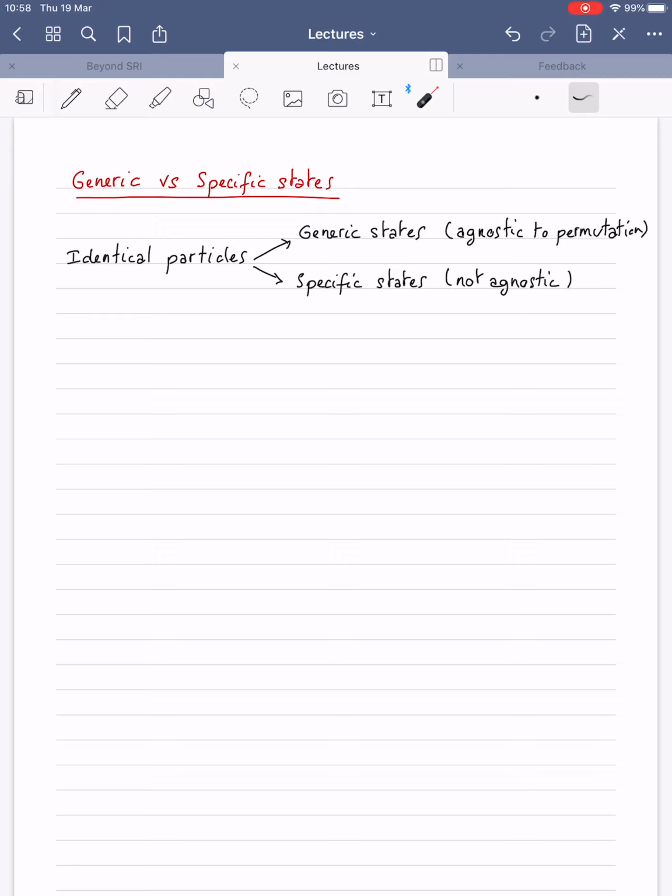You don't know whether somebody has been playing with you and maybe has swapped them, and you don't know whether this is the same state as before. So there are two positions one can take about it. One is calling them generic states, where it does not matter whether the particles have been swapped. The only thing you want to know is that there is a red particle on your left hand side and a red particle on your right hand side. Period. You don't care about much more.